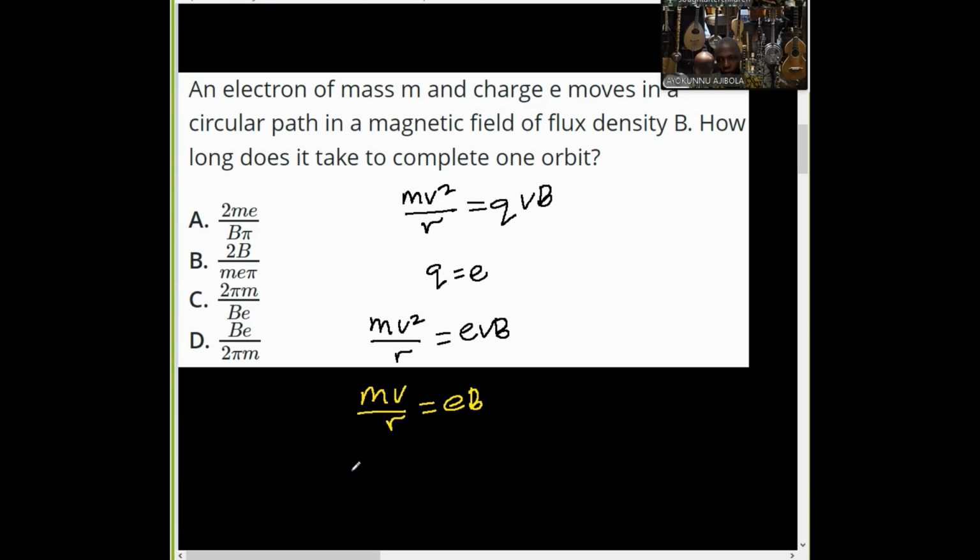So that is going to be m omega r over r, but the r will not be there again. That will be m omega equal to e B.